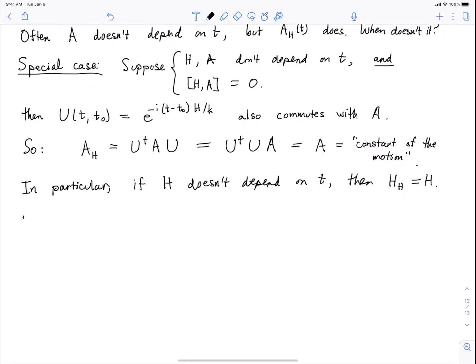So now we can ask more generally, how do we know how the Heisenberg operator changes with time? Let me rewrite that more generally. How does our Heisenberg operator change in time?